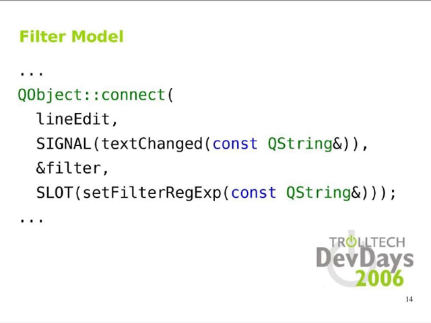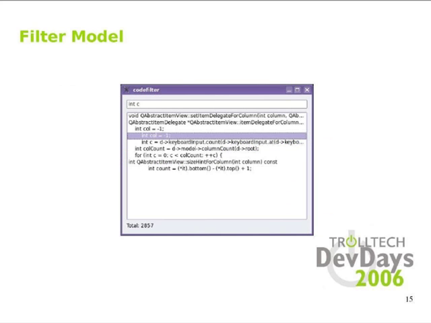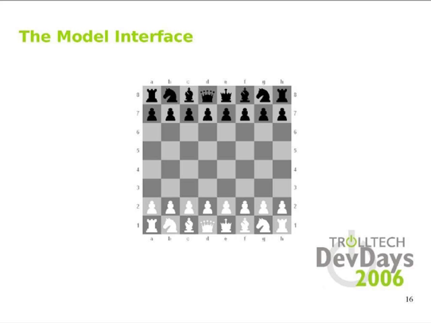So I connect the line edit text change signal to the filter model set filter RegEx, which sets a regular expression that I'm going to use for filtering. And hey presto, we have something that filters items. All right.